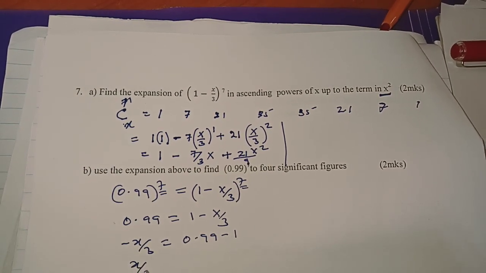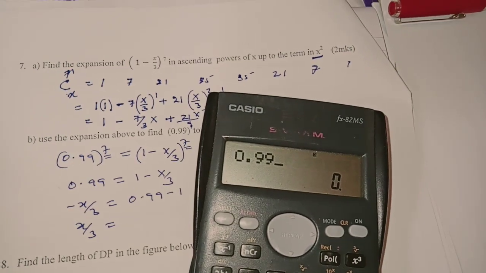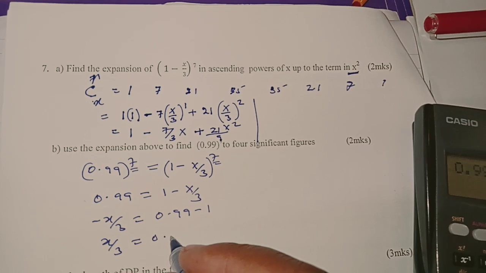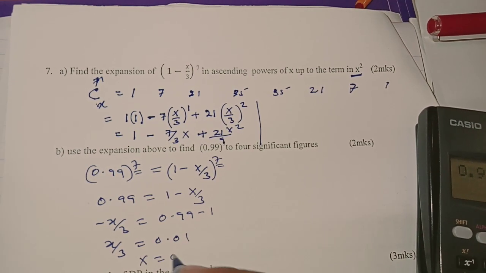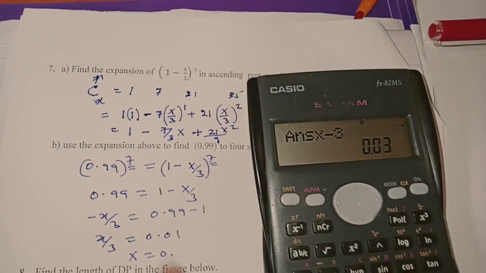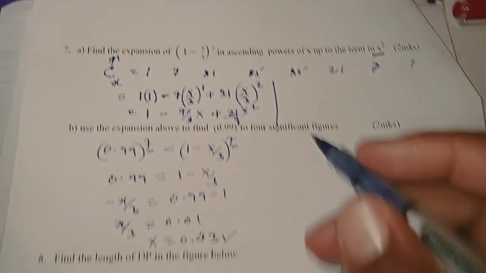So this x over 3 should be equal to that number, 0.99 minus 1, but of course should be negative. Because of the sign on the left hand side, make it positive. Multiply by 3 both sides, so x becomes 0.03.